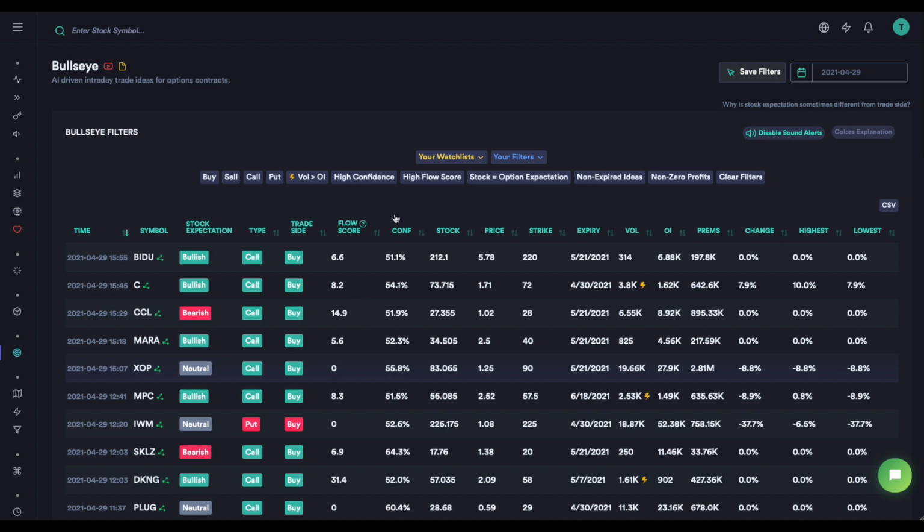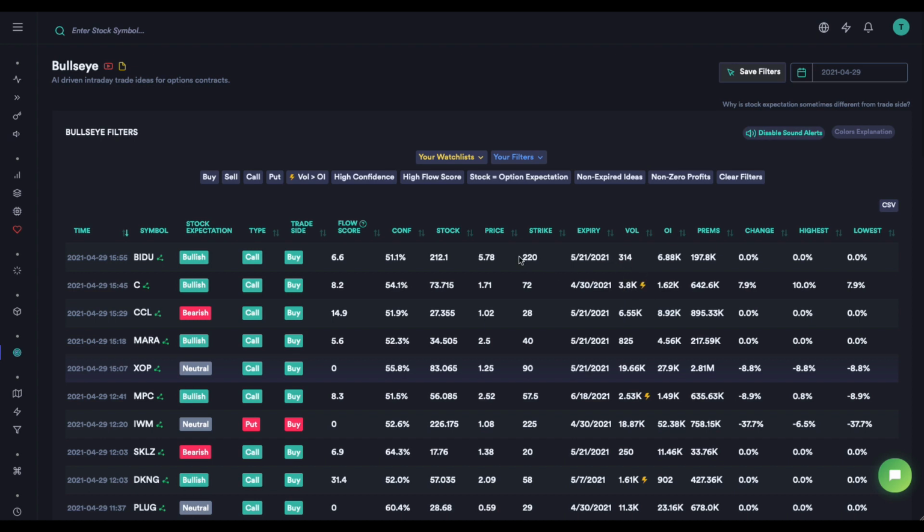Then we have the confidence score for this entire alert, and then we have some details about the options contract. We have the exact stock price at the time of this alert. We have the strike price, the expiration, the volume, open interest, premiums. The last three columns are interesting because these columns are updated every 30 minutes and they show you the change in the contract price that you can find here.